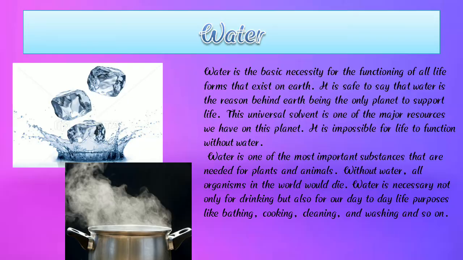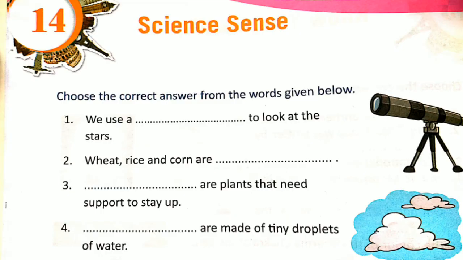So children, now we are doing an exercise on it. Unit number 14, Science Sense. Choose the correct answer from the words given below. So we are doing fill in the blanks and you all write with me. Number one, we use a blank to look at the star.